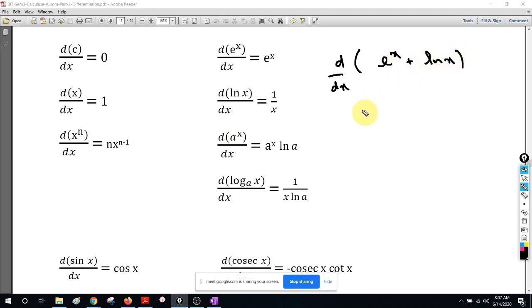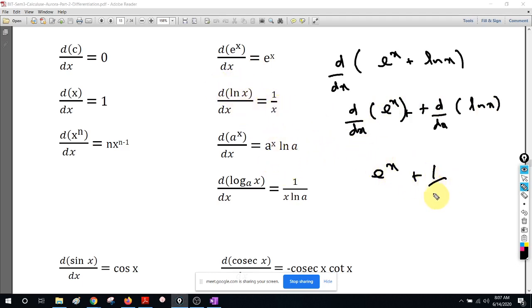Again, summation, I can do it like this: d by dx of e^x plus d by dx of ln x. We know that d by dx of e^x is e^x and d by dx of ln x is 1 over x. So the answer is this, right?